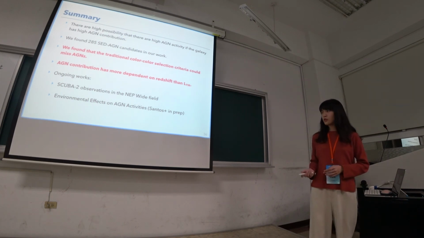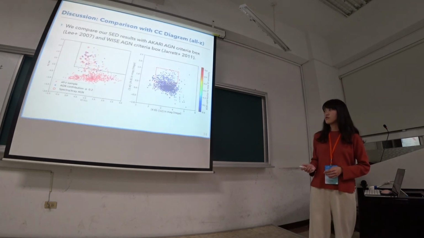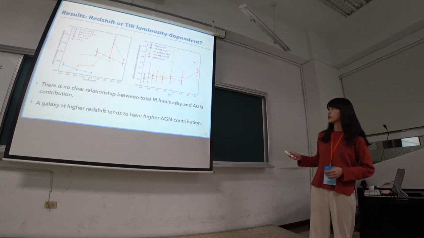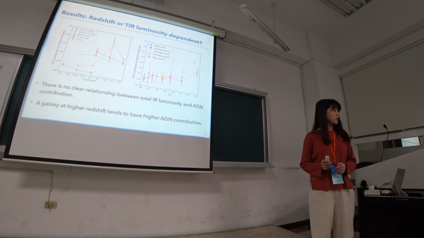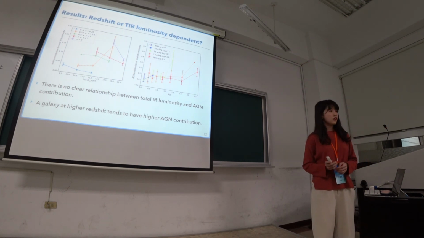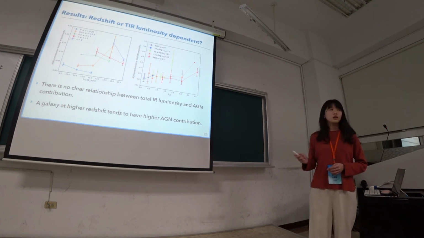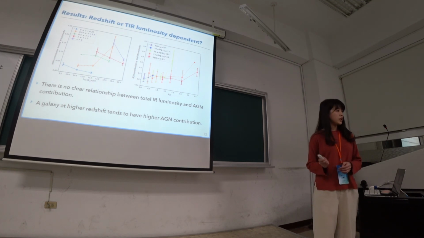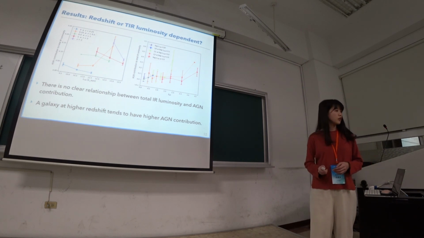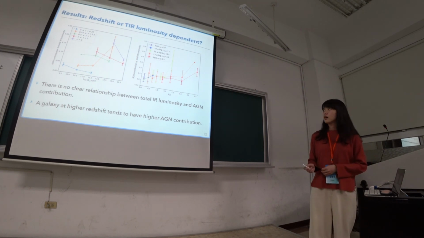I think maybe we still need the far infrared. We still need the high redshift data, maybe beyond 4 or something. That's why we expect this. If we have the JWST data, maybe we can have more high-z sources, and then we can really check if it's really redshift dependent.